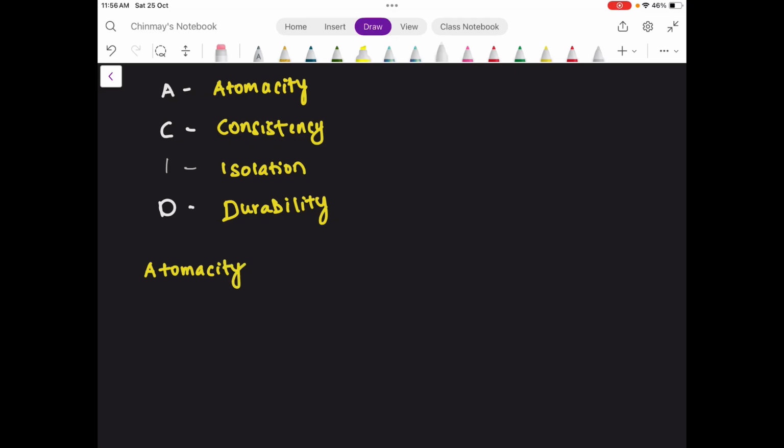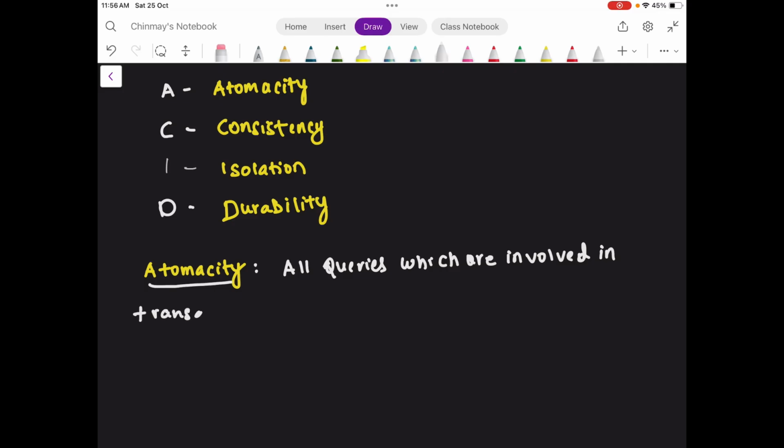What does atomicity denote? Atomicity indicates that all queries involved in a transaction must be successful.